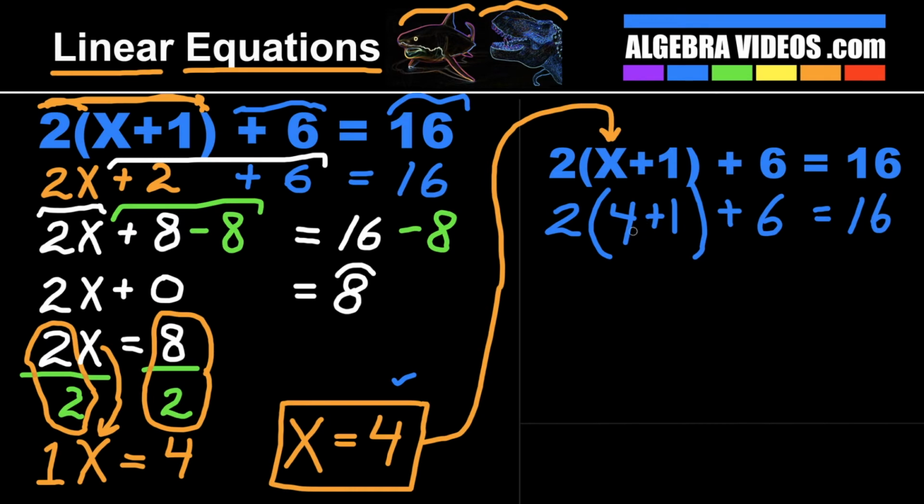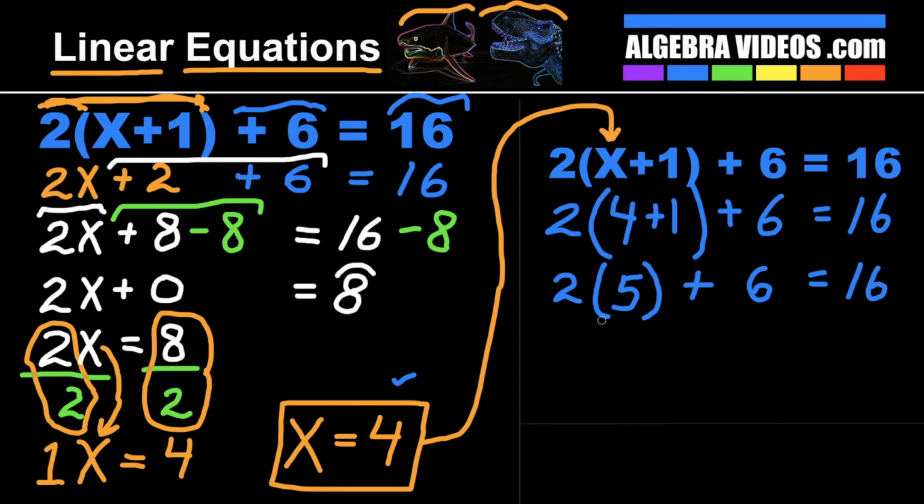All right, so order of operations, we do what's inside the parentheses first, right? So inside the parentheses, we have a 4 plus 1. So that simplifies to a 5. 4 plus 1 is 5. And I'll leave the parentheses here just for this one step. Right? 4 plus 1 simplifies to 5. And then the 2 is still there, so I'm going to bring down the 2. And then that's plus 6, no change, right? Equals 16.